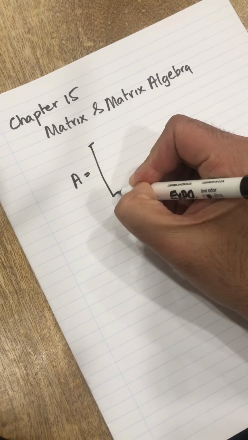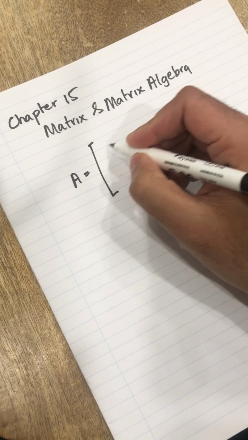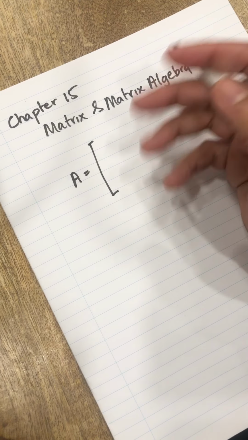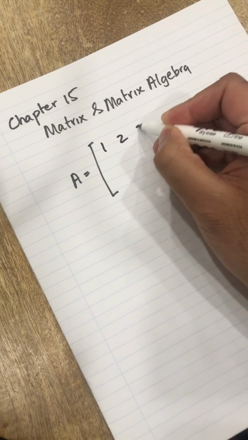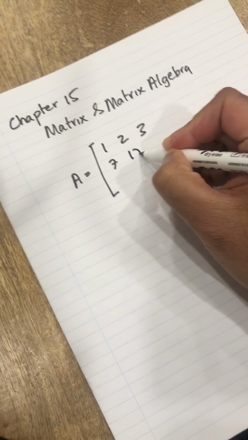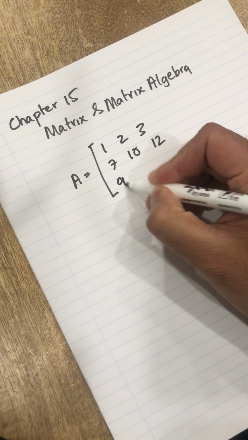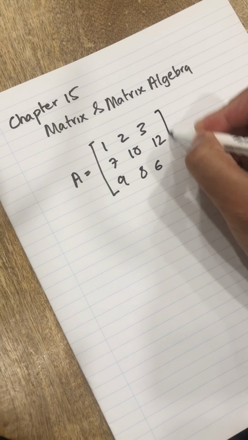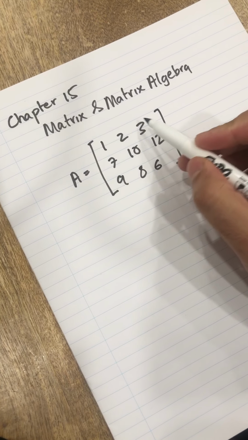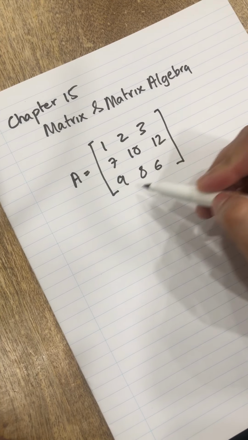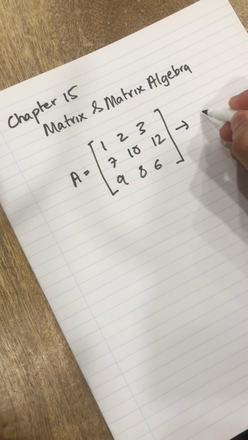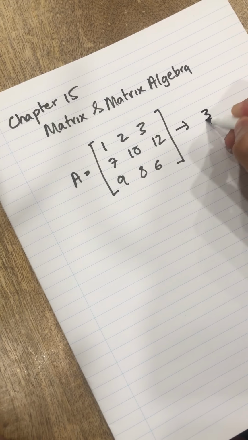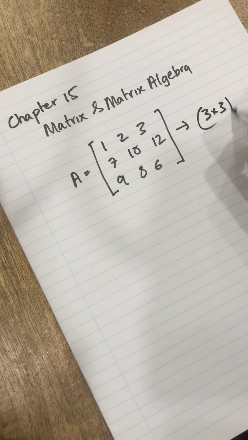Matrices are made of an array of coefficients. For example, let's say 1 2 3, 7 10 12, just some numbers, 6. This can be a matrix. The most important thing to remember here is that this particular matrix is of order 3 into 3.